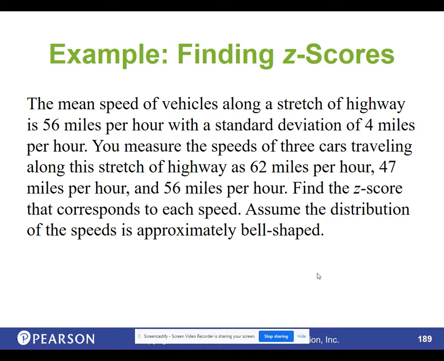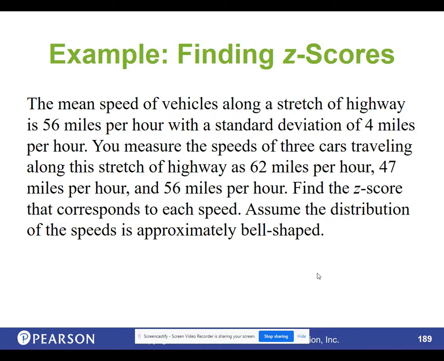You measure the speeds of 3 cars traveling along the stretch of highway at 62, 47, and 56 miles per hour. Find the z-score that corresponds with each speed. So we've got x equals 62, 47, and 56.